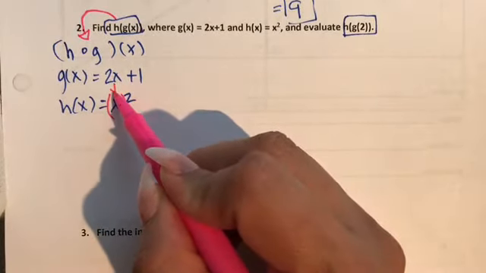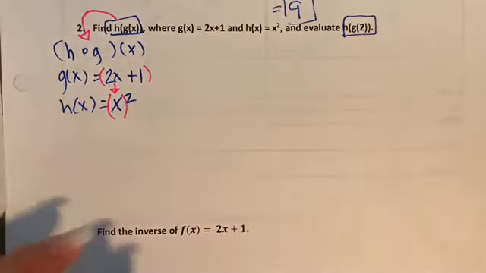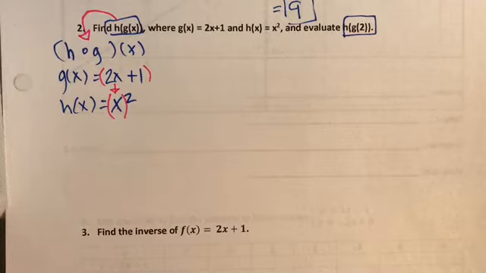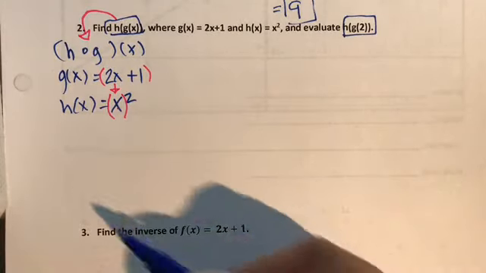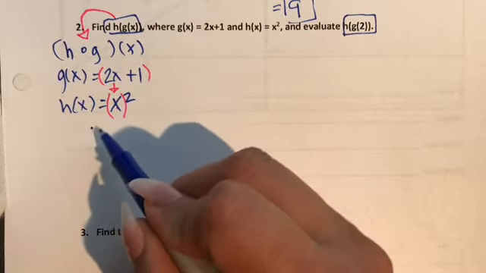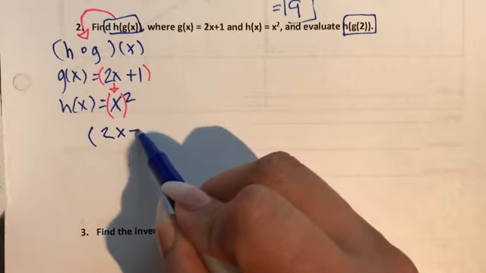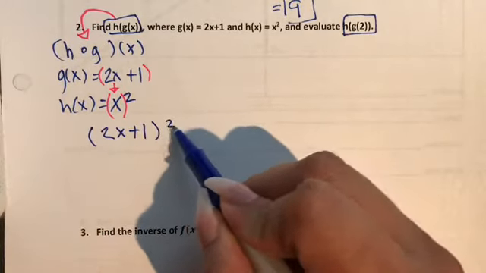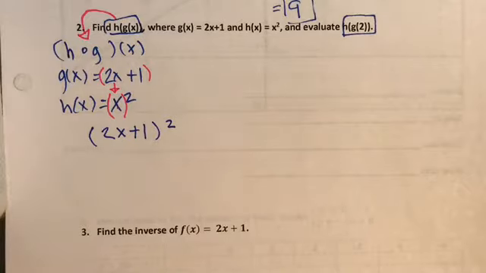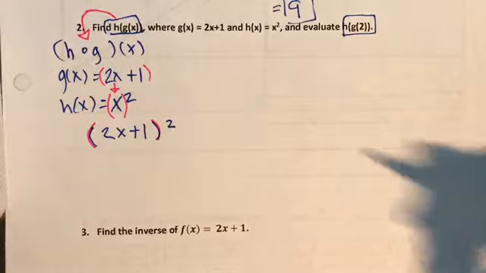So this whole thing now goes where the set of parentheses are for h of x, which means that it's going to be written like this: parentheses 2x plus 1 squared. So remember, the whole thing is in parentheses.